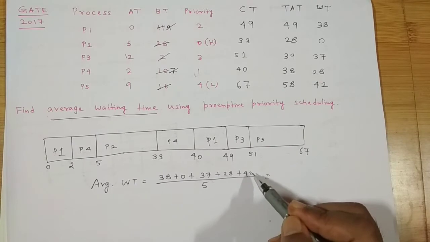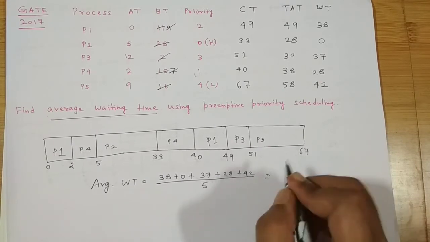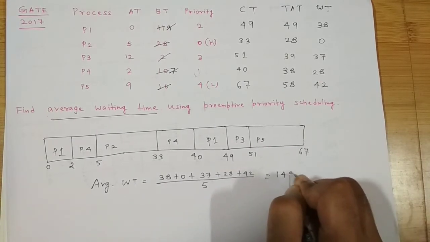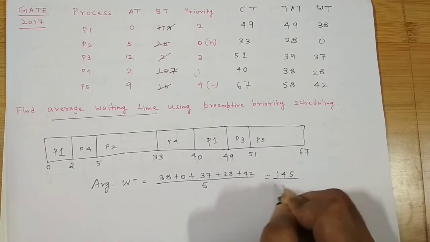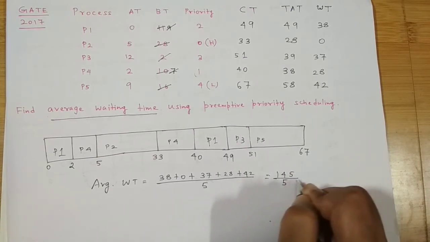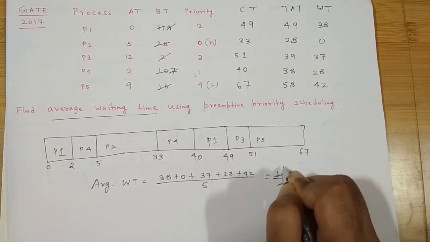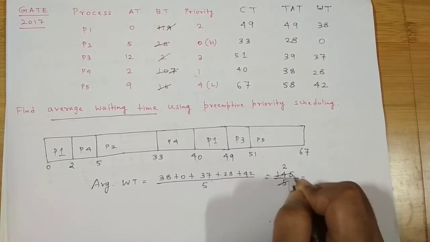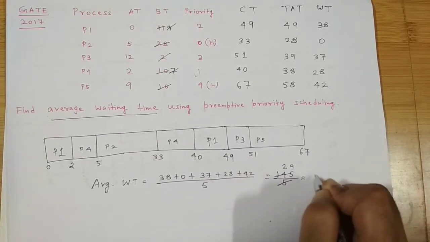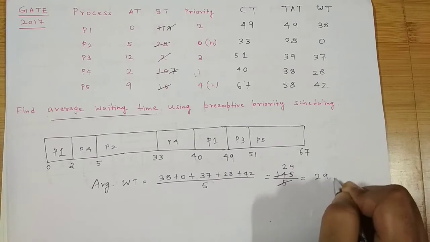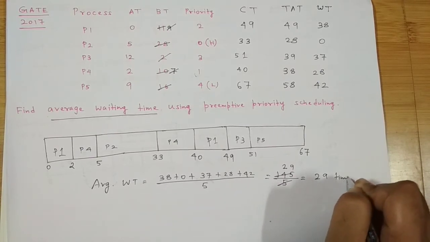And here we have 105, so 145. So we have 145 as the sum of the waiting time. Divided by 5 will give us 29. So the average waiting time is 29 time units.